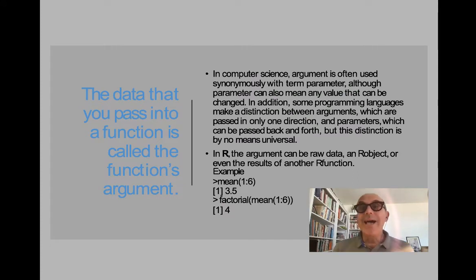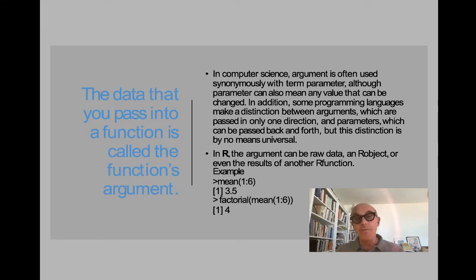In computer science, argument is often used with the idea of the structure of the arguments inside of it. And in R, the argument can be raw data, an R object, or even the result of another R function.